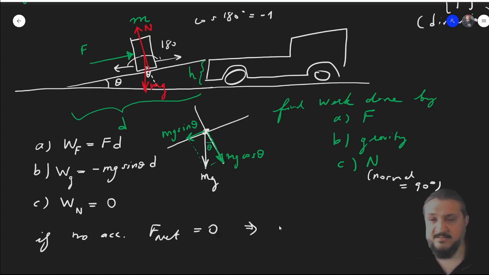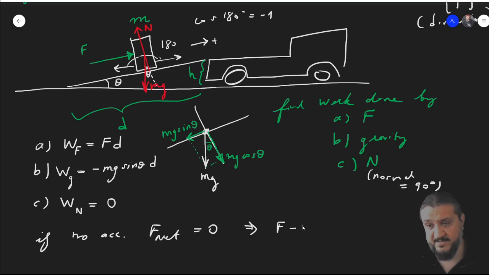That means that F, the force that we push the object with, let's call this the positive direction here, positive F, but mg sine theta is in the opposite direction, therefore negative.